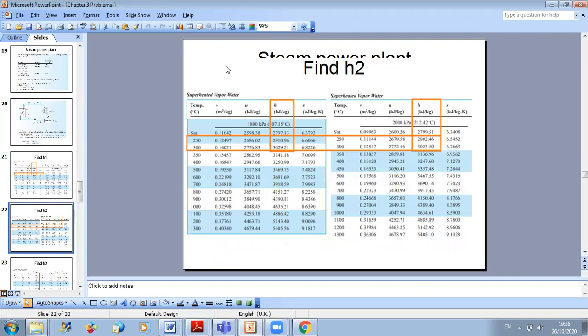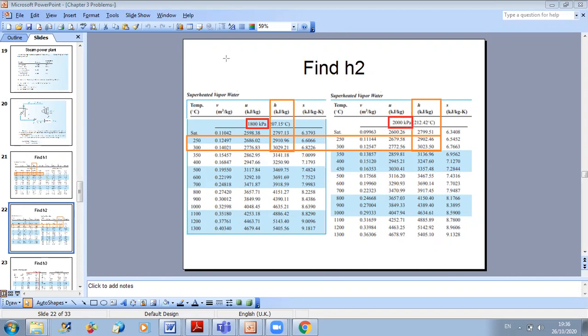In the superheated tables, you don't have the pressure of 1900 kilopascal, which corresponds to 1.9 megapascal. So what should you do? You should do interpolation. In these tables, you have values for pressure of 1800 kilopascal, and you have values for 2000 kilopascal.